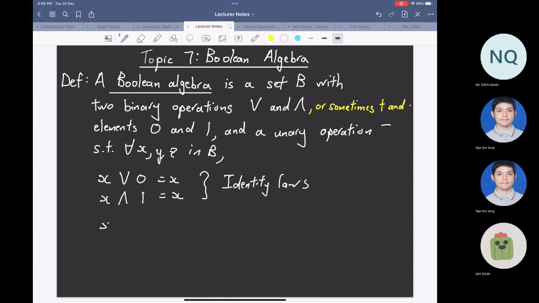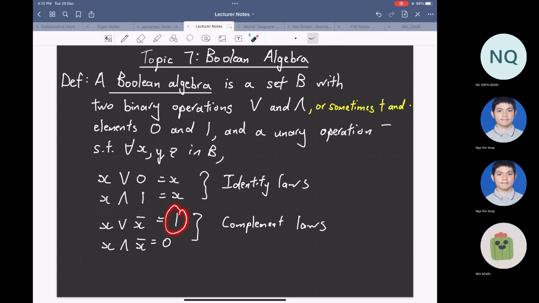The next one is that the inverse exists: X or X bar is 1, and X and X bar is 0. This is called the complement law. Remember, true or false is always true, and true and false is false. So this is the generalization.